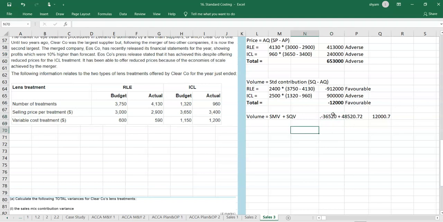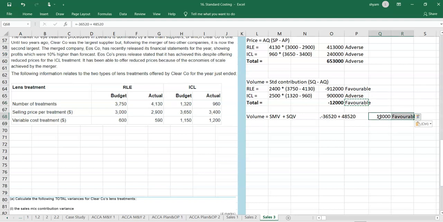Okay, so when you add both these numbers, this is a favorable number, this is an adverse number, so the overall number is a favorable number.